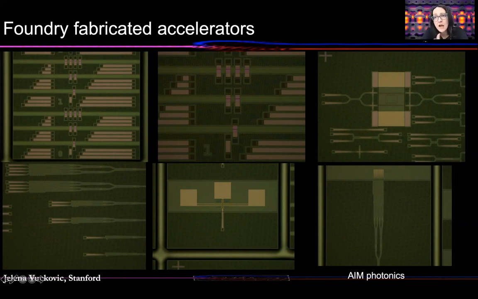We use inverse design, which we've shown is fully compatible with foundry fabrication. And in fact, we already are collaborating with foundries and sending multi-stage accelerator designs. And these are some of the recently received chips from AIM Photonics, which include multi-stage accelerators. We're quite excited about this, and we're starting to perform some measurements on these multi-stage systems. So hopefully we will soon have some exciting results to report on multi-stage acceleration.